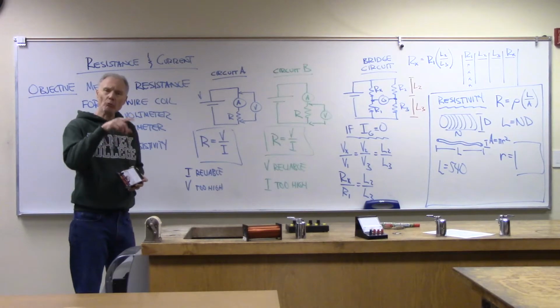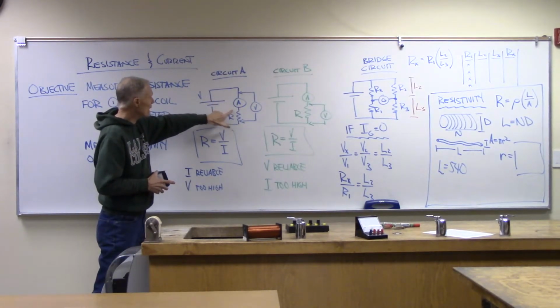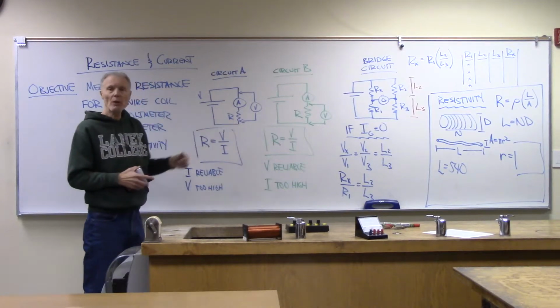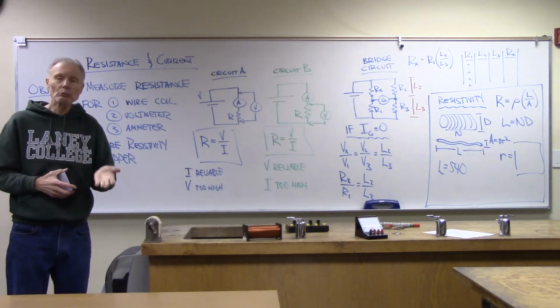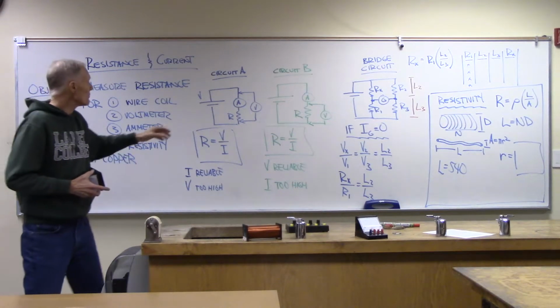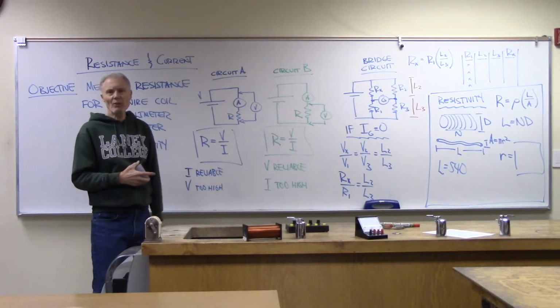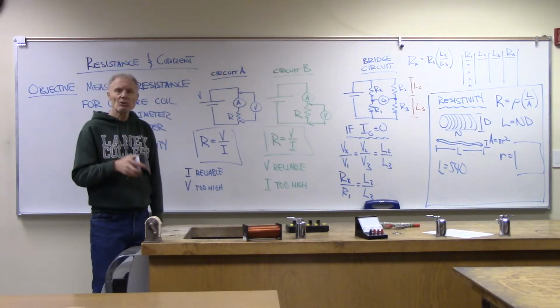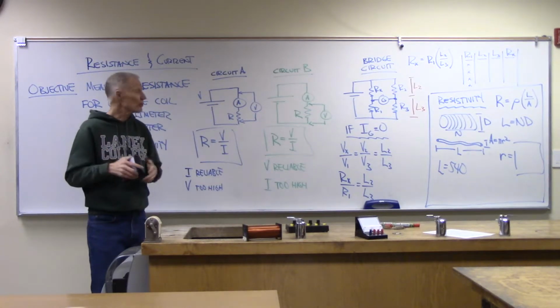Ammeters have to be built right into the circuit, right? So I've got to be able to measure whatever current's going through that resistor without disrupting the circuit. If the ammeter has a lot of voltage, that's going to change the way the circuit behaves. So ammeters have very, very low resistance.